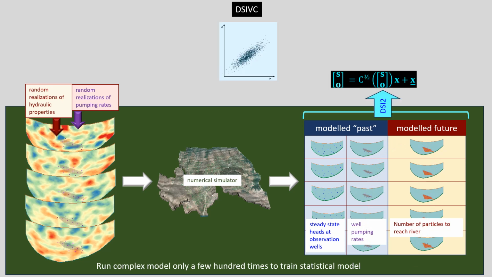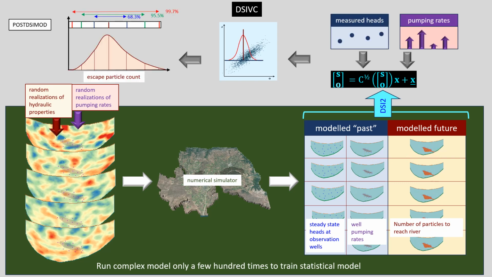So we use DSI2, that utility supplied with PEST, to build a statistical model that links random parameter fields, random inflows, random pumping rates to predictions we care about. And this statistical model encapsulates the statistical relationships between these, what happened in the past, the pumping rates that we're using, and what will happen in the future.